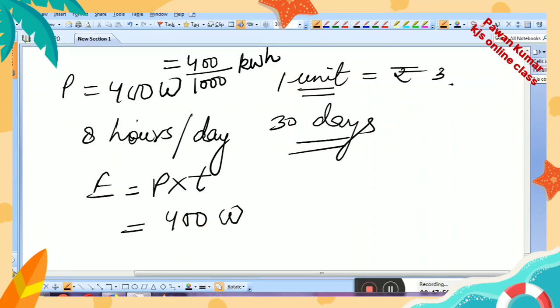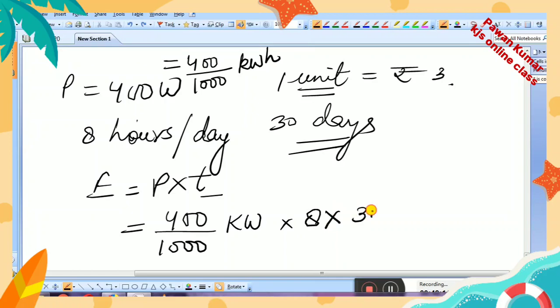Then it will be 400 upon 1000. Now it is in kilowatt, right, children? I am writing kilowatt also for you. After this you have time. How much time do you have? 8 hours. But it is for one day only. If in 30 days, how many hours? 8 into 30 hours.